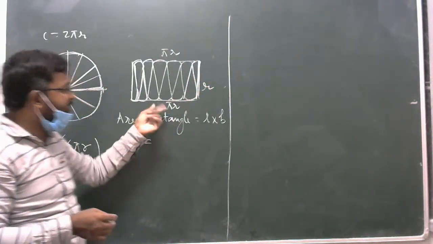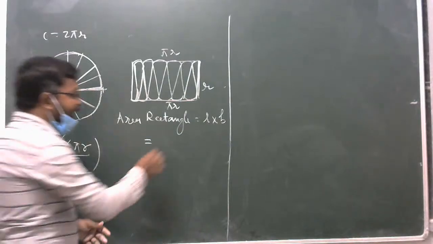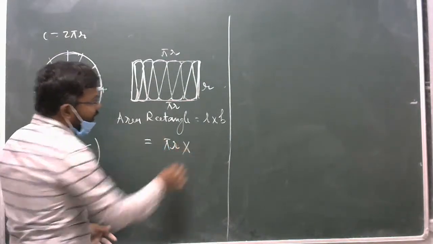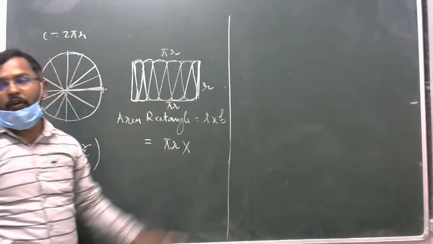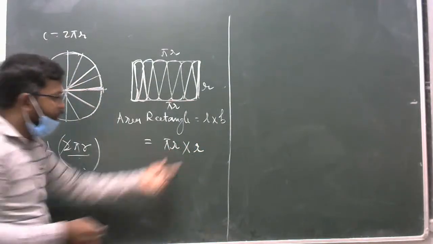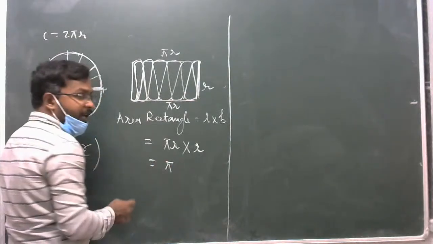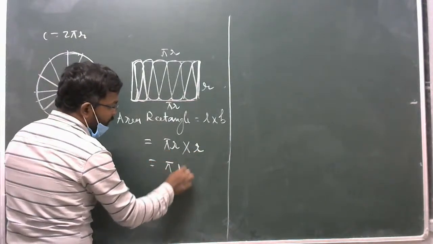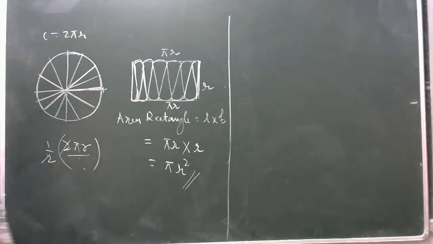Okay, what is the length? Pi r. The length we got as pi r, multiplied by the breadth we got as radius, r. So when you multiply this, what will you get? Pi r into r, you will get pi r square.